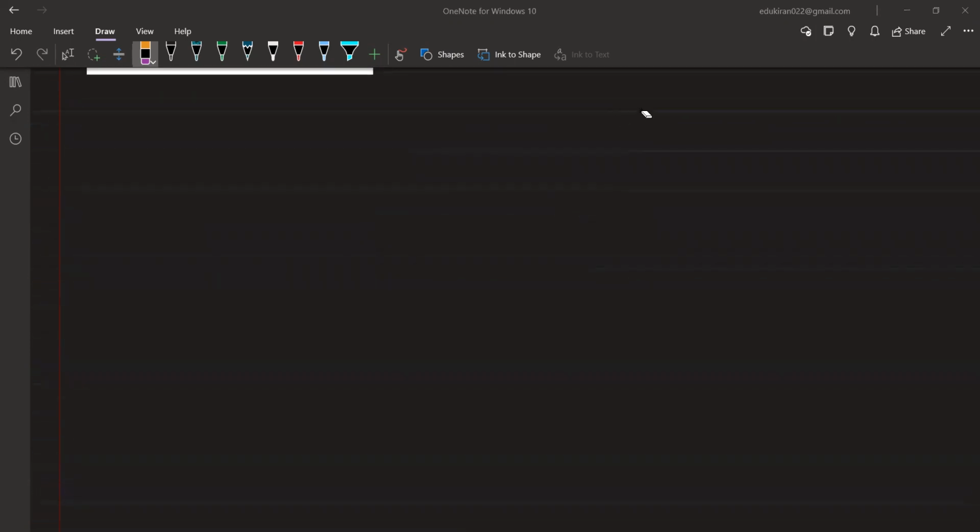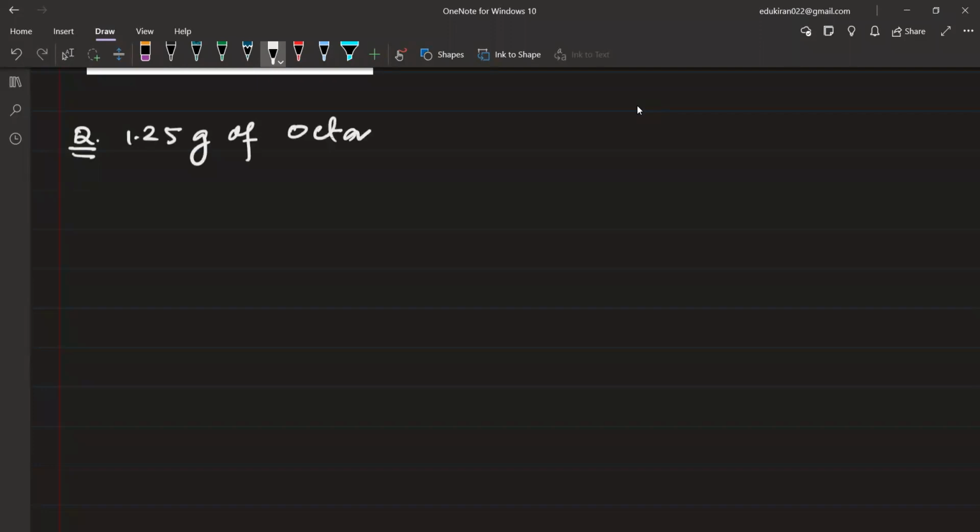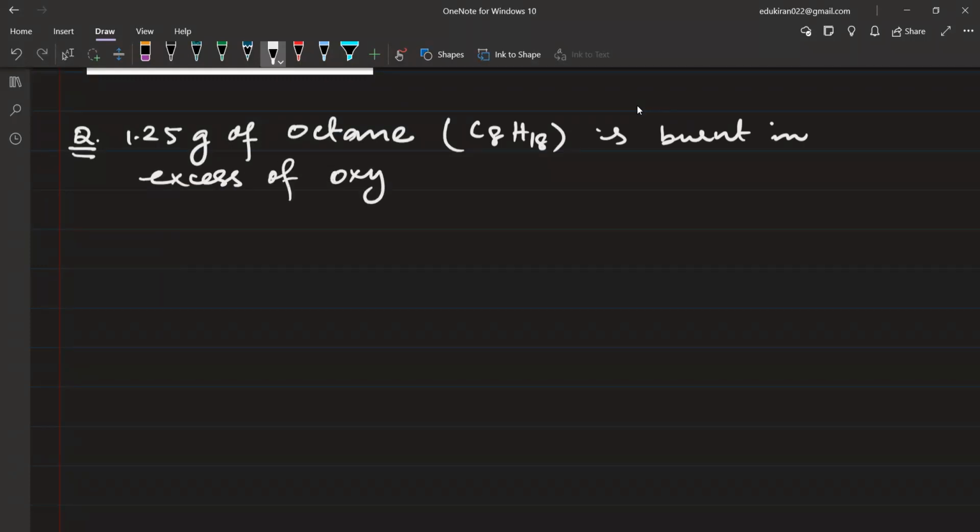एक सवाल लिखो, 1.25 ग्राम of octane. octane का मतलब C8H18, 1.25 gram of octane is burnt in excess of oxygen in a bomb calorimeter.